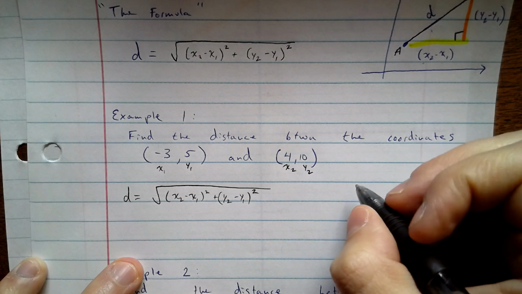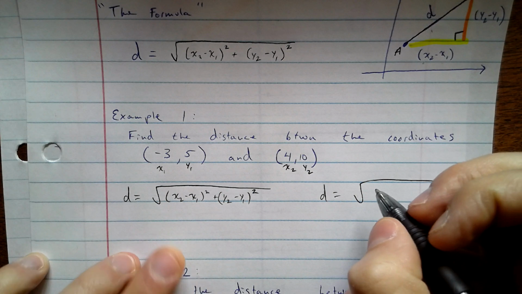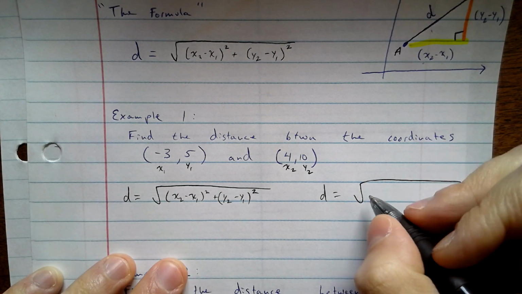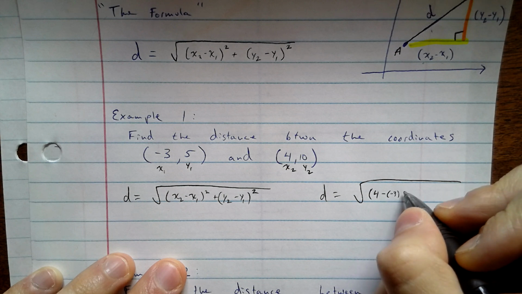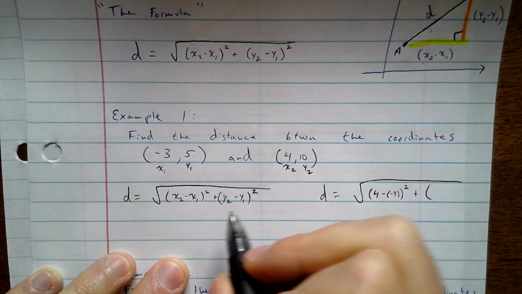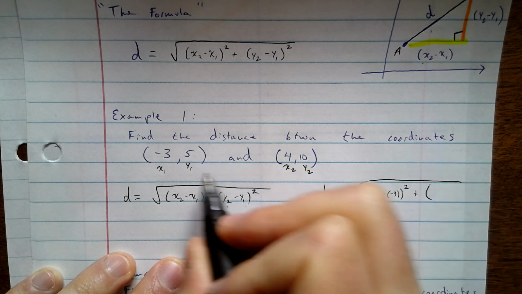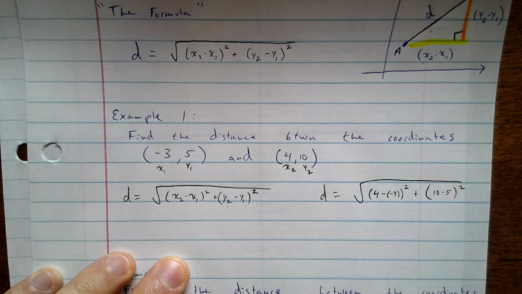So we've got distance equal to the square root of, let's do x2 minus x1. That's 4 minus a negative 3 to the second power plus y2 minus y1, 10 minus 5, to the second power.